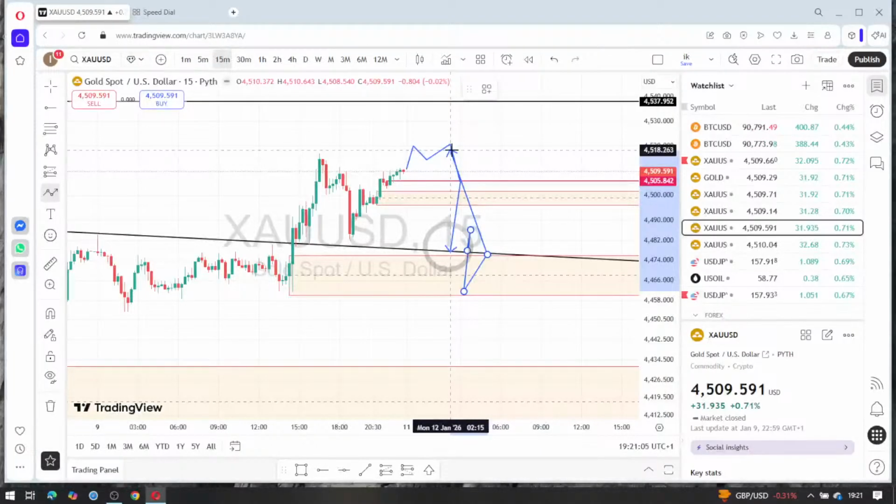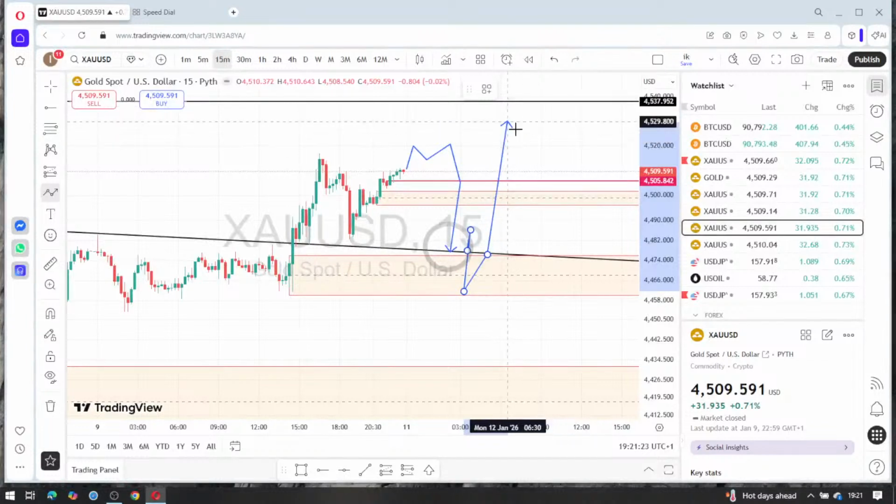Or, assuming this is another block it created, when it comes back to retest here, you can target that other block or target this place. In fact, if the market turns around this area, it's certainly going to hit this place. Those are the buy scenarios we are painting right now.